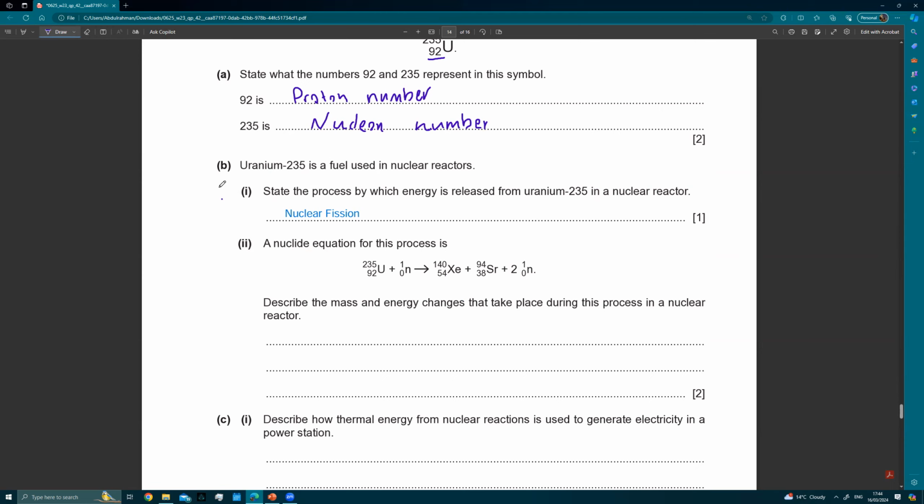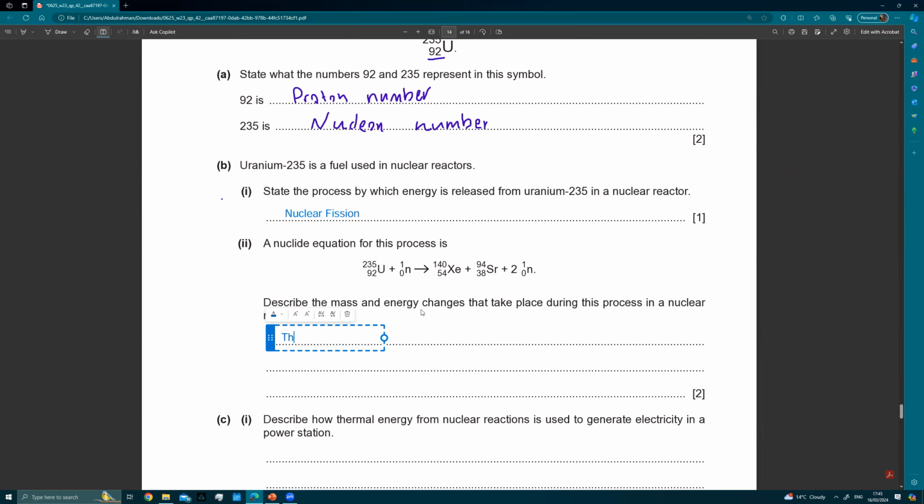A nuclide equation for this process is the following. Describe the mass and energy changes that take place during this process in a nuclear reactor. Well, what can we say? Let me think.